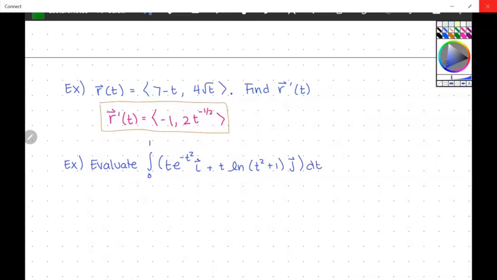Oh yeah, I put the limits there. Looks kind of badass, doesn't it?